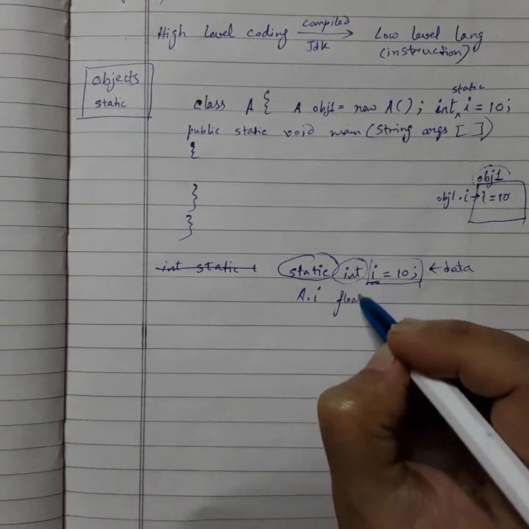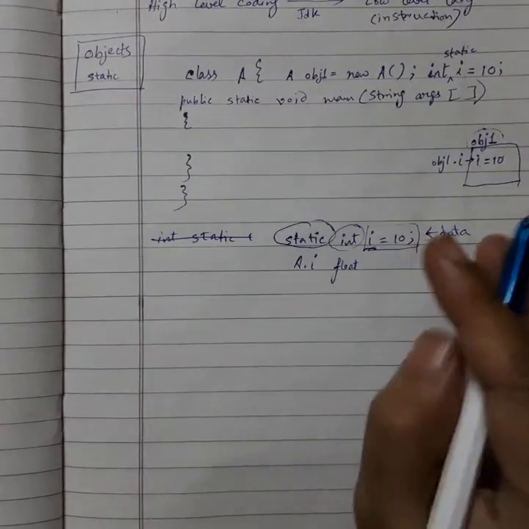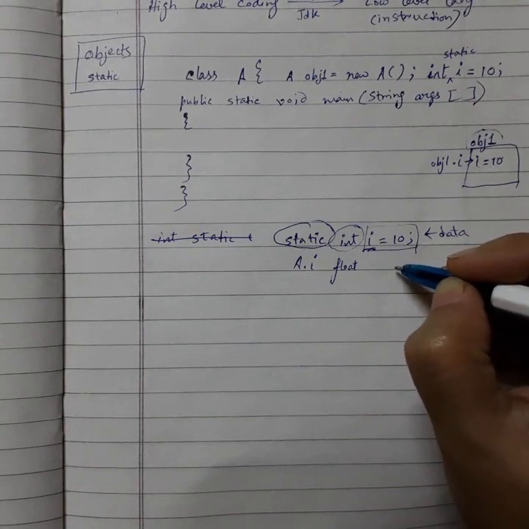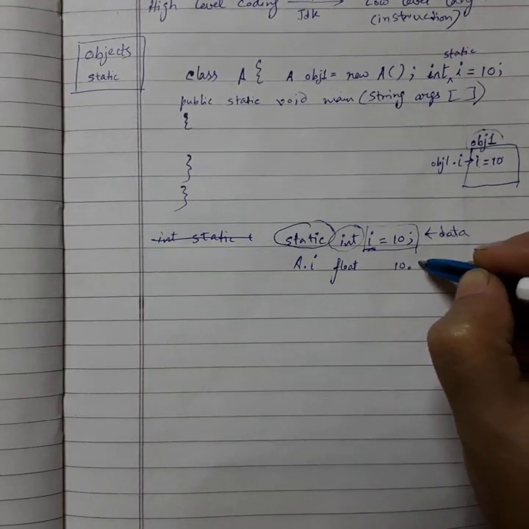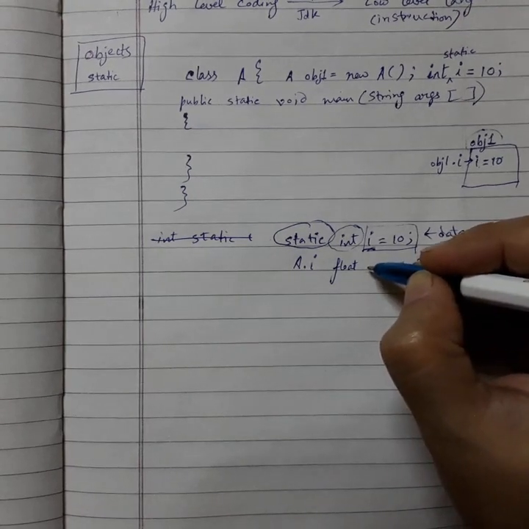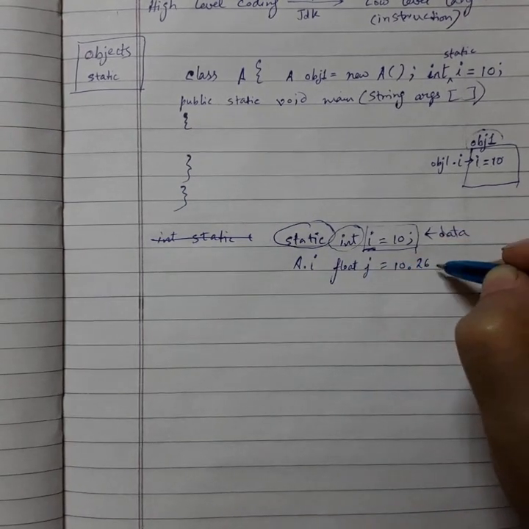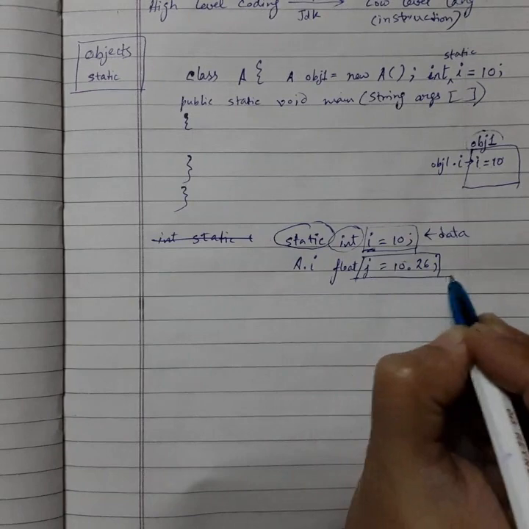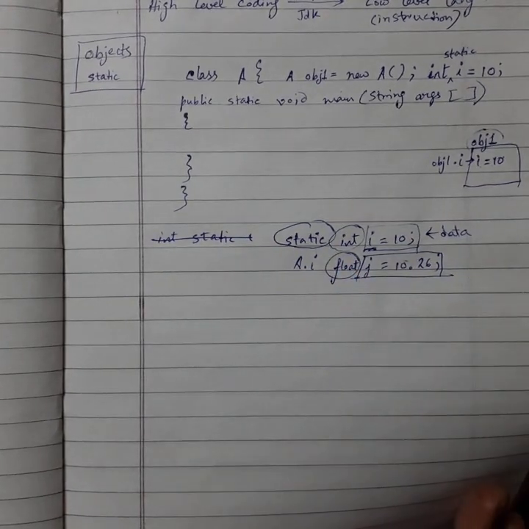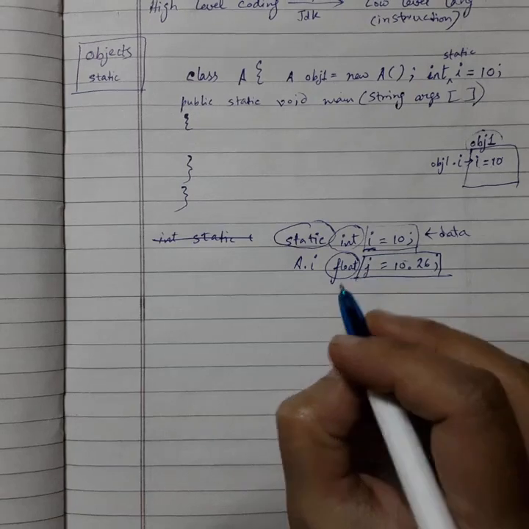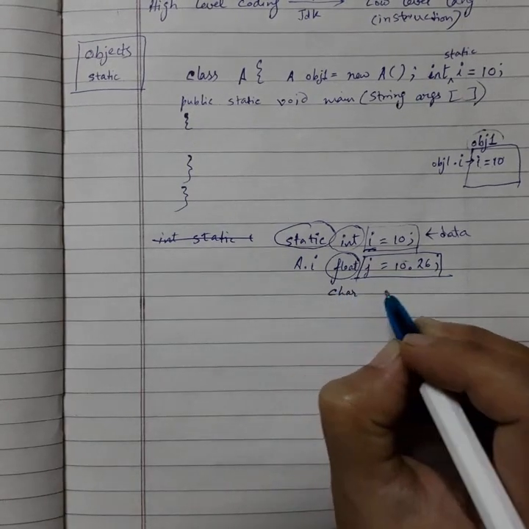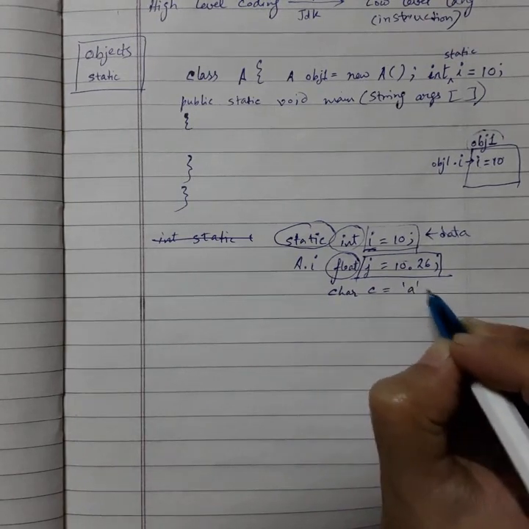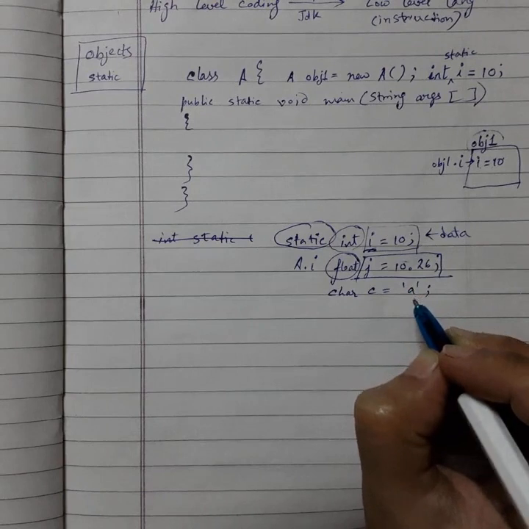Similarly, we have got float data type for decimal values, 10.26 say. This is another data of data type float. Then we can have character data type, char c, say c equal to 'a' within single quotes.